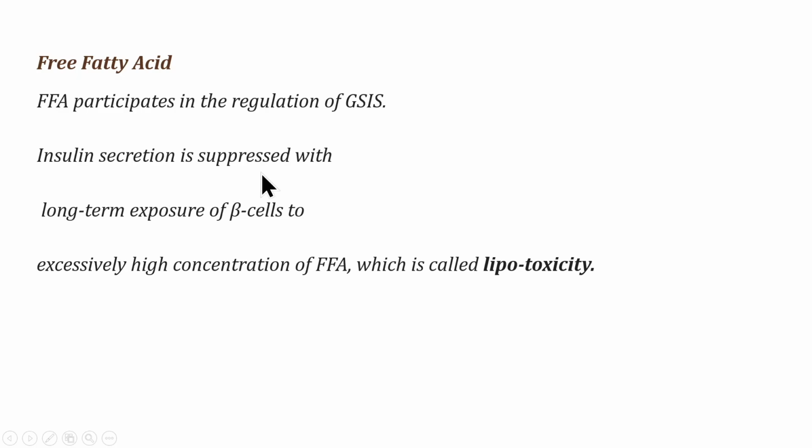That means when the beta cells are exposed to high concentration of free fatty acids over a prolonged period, the glucose stimulated insulin secretion may be depressed, and this condition is known as lipotoxicity, and it will result in insulin resistance.